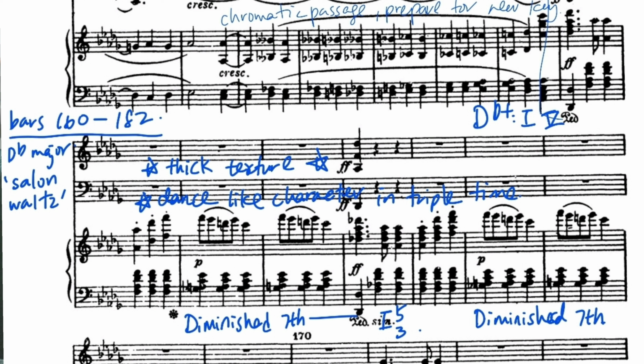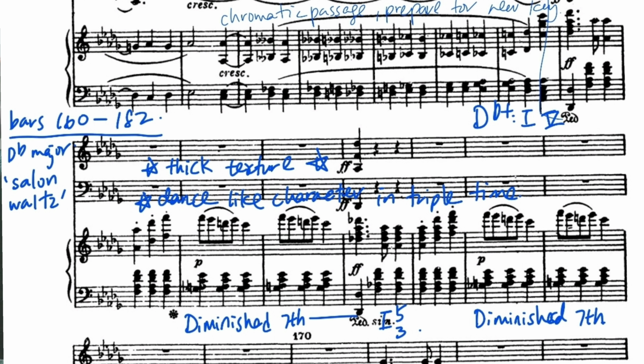From bar 160 onwards, this section is very unique and special. Not only does the texture become thicker, it becomes a dance. It looks like a waltz, it has 1 2 3, 1 2 3. So we can also say that it's a salon waltz, which was quite popular during Beethoven's time.